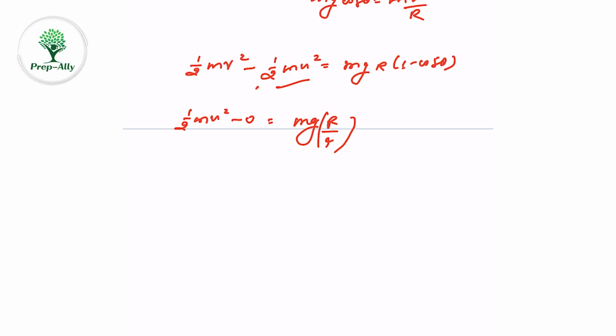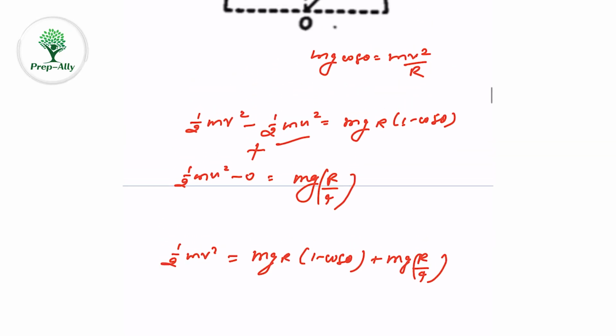Now if we add these two equations, we'll have half mv square is equal to mgr(1 minus cos theta) plus mgr by 4. This is half mv square, and from here mgr cos theta is equal to mv square.